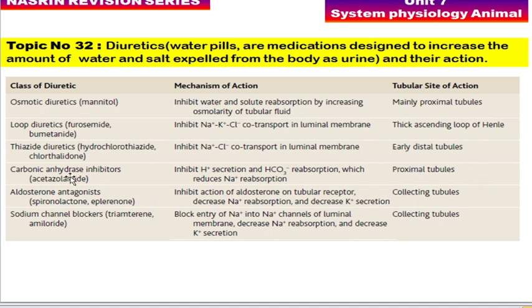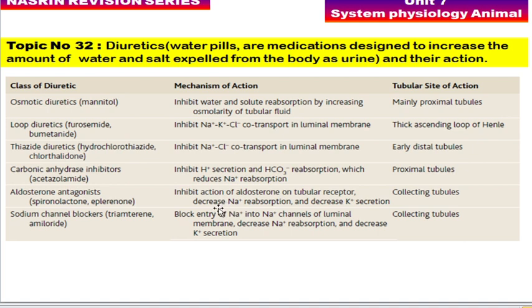If you see the mechanism of carbonic anhydrase inhibitors, they inhibit H plus secretion as well as bicarbonate reabsorption, which ultimately reduces the sodium reabsorption from the kidney. Next, the aldosterone antagonists inhibit the action of aldosterone on the tubule. Previously we dealt with the mechanism of aldosterone.